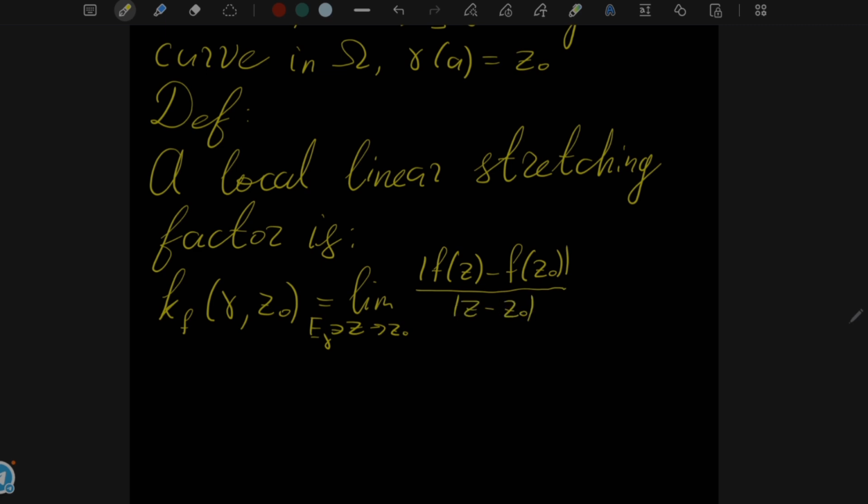So you can see that it is the limit of the quotient of the distance between 2 points on the z-plane and 2 points of the omega plane that those z-points are mapped onto. So it shows by how much the size increases after the mapping of f. Okay, so if the limit exists, of course, because it doesn't always exist.